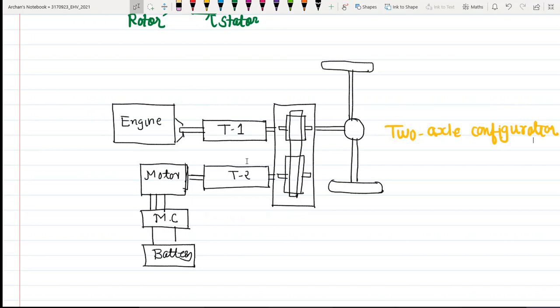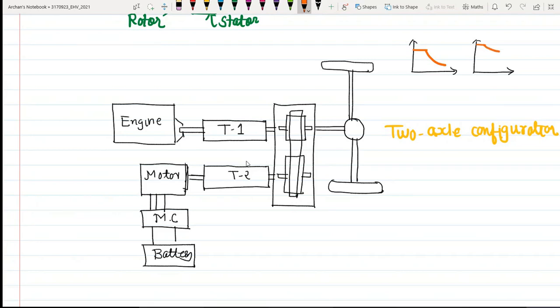Okay, the multi-gear transmission is used to overcome the disadvantages of the IC engine speed torque characteristics. Okay, we have seen the speed torque characteristics both for the electric motors and for the IC engines, right? So in the electric motor, we are getting these speed torque characteristics, right? But when we talk about the IC engine, to get this particular shape, we have to use a multi-gear transmission.